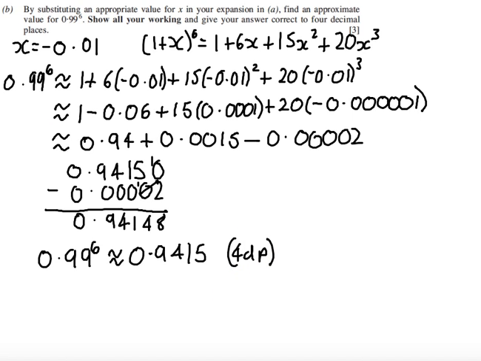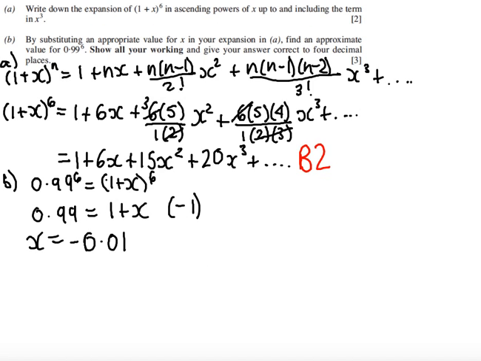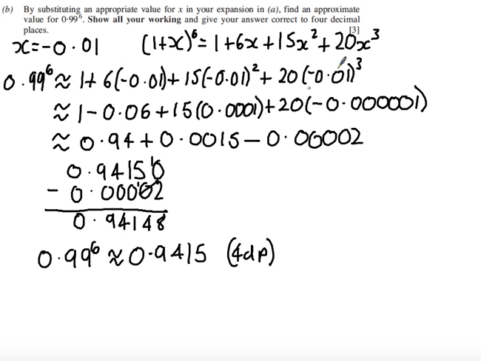Okay, well, how are we awarded marks in this question? Well, first of all, we're going to get a method mark if you find this x equals negative 0.01 and then there's some attempt to substitute this into your expression. So method mark for substituting it into the expression.